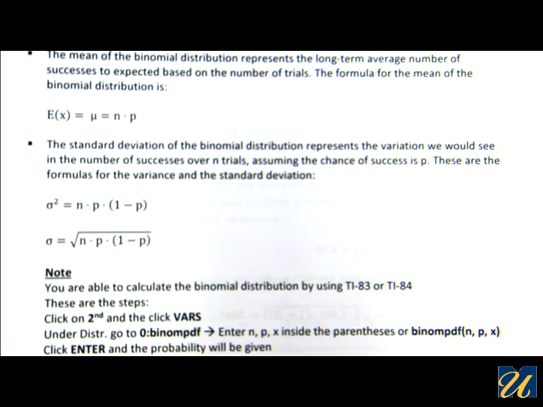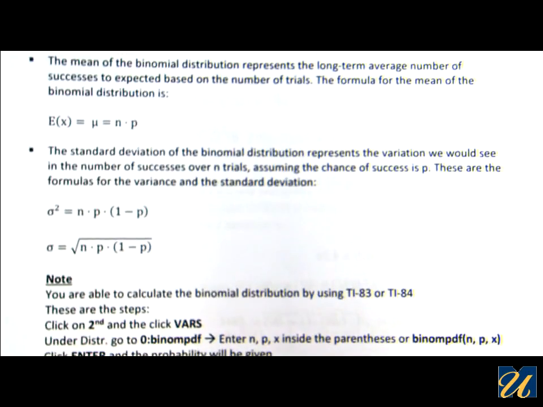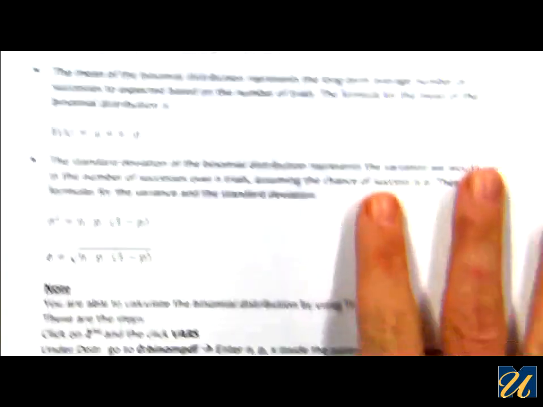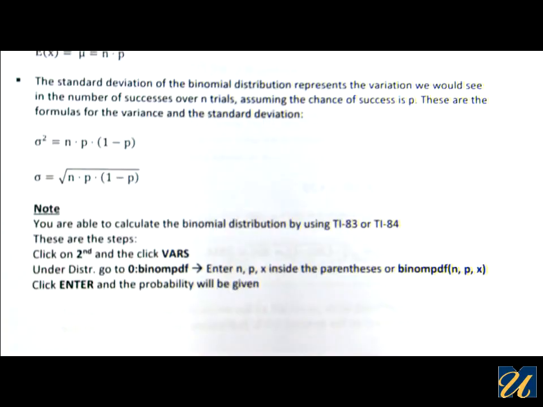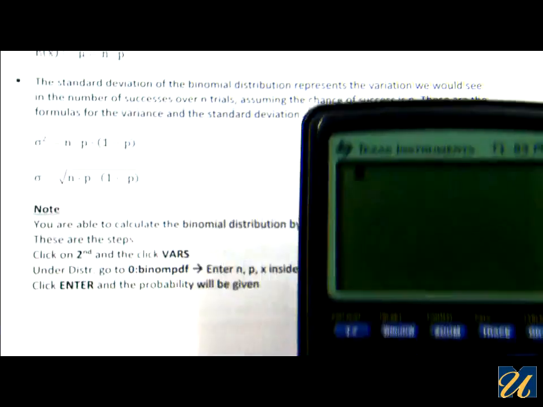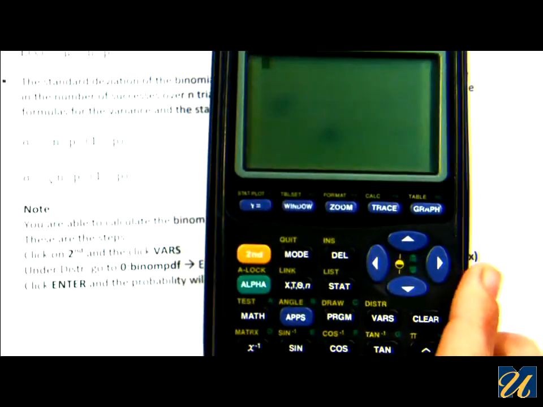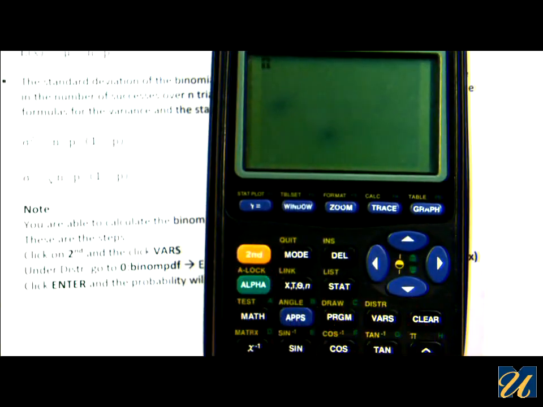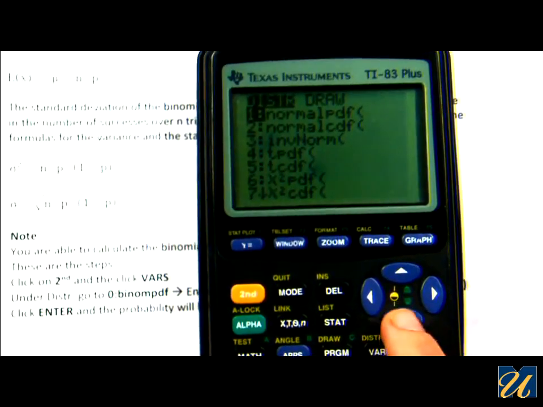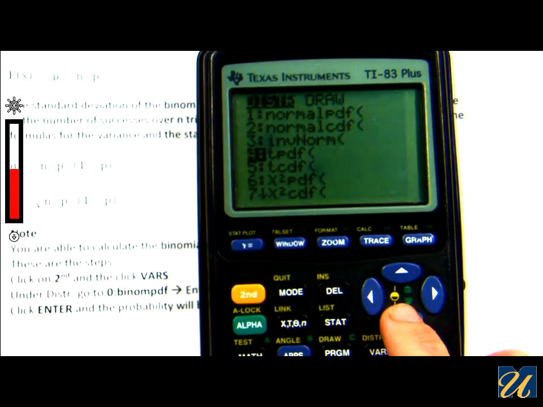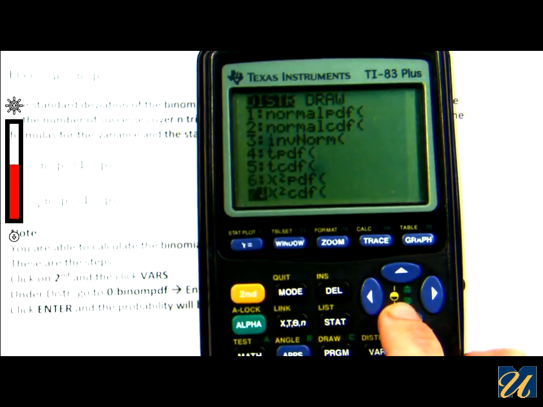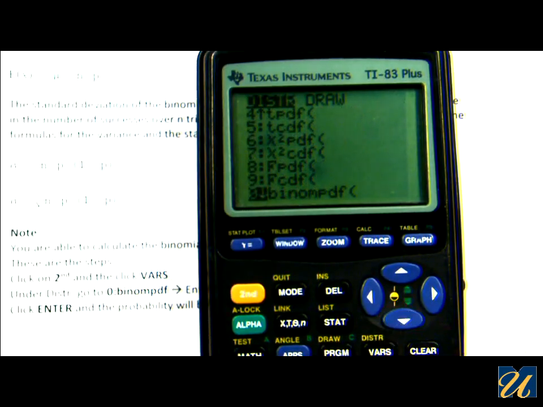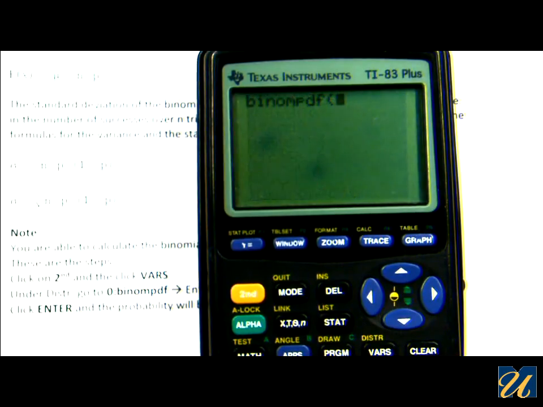Now, you can use your graphing calculator to calculate the binomial probability distribution instead of using this formula, and do your calculations a lot faster. Based on whatever calculator you have, you would go to second, vars, and scroll down to binomial PDF, and this is where you would enter your information: n, p, x.